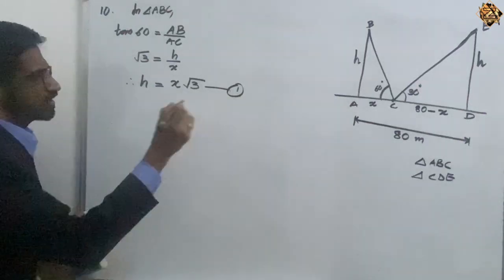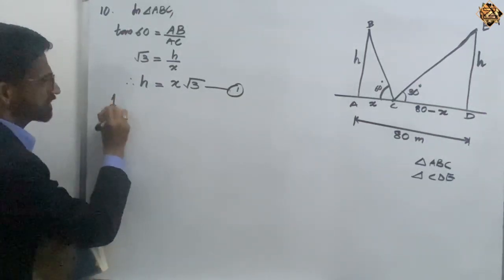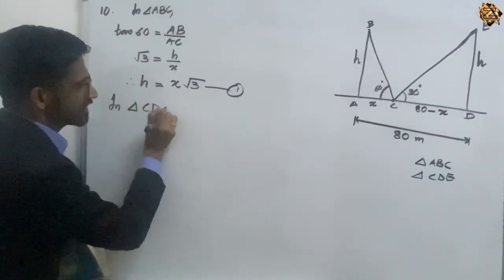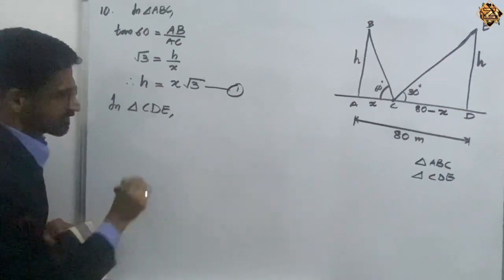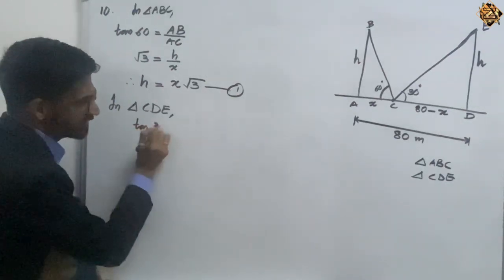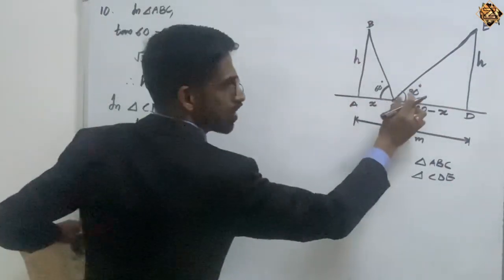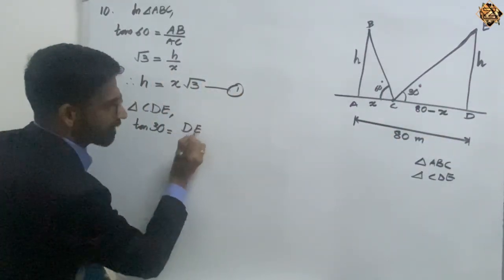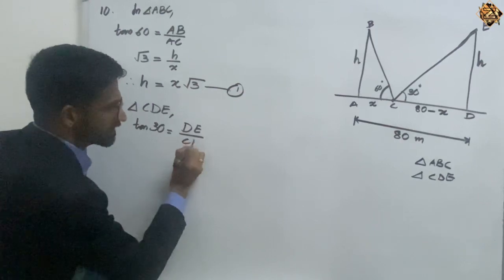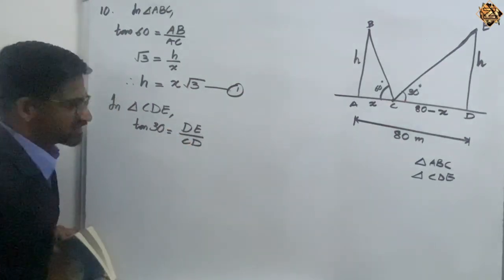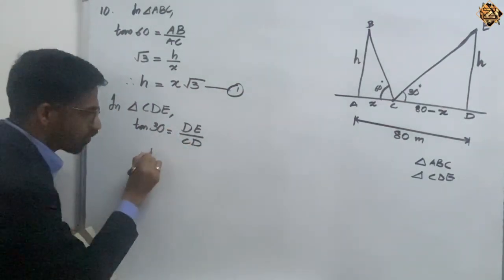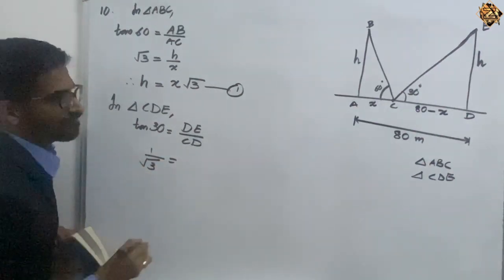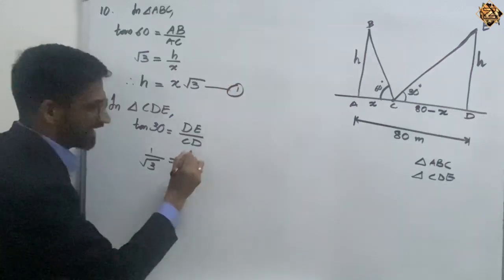Okay. Now looking into the second triangle, in triangle CDE, tan 30 is opposite by adjacent, isn't it? Opposite is DE, adjacent is CD. Okay students, tan 30, its value is 1 by root 3, equal to DE. What's the value of DE? DE is h, isn't it?